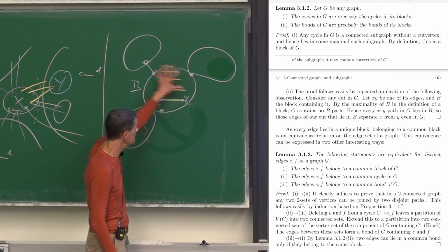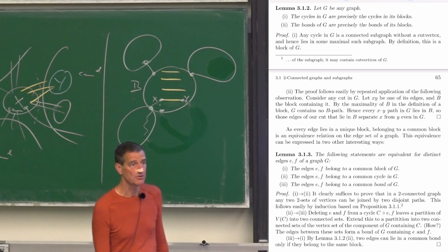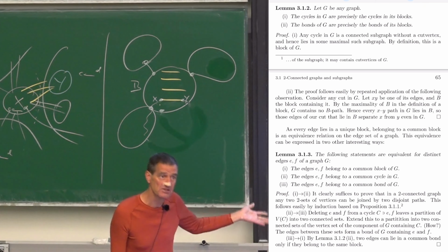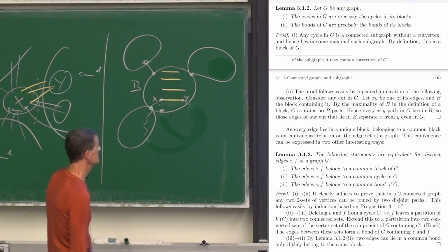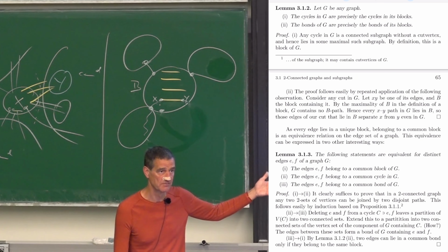So on B, this also induces a cut. And we want to show that it's in fact a bond in B, right? Remember, we want to show that every bond of G is in fact a bond of some block.